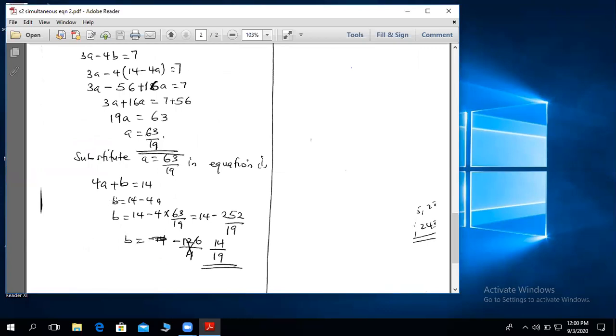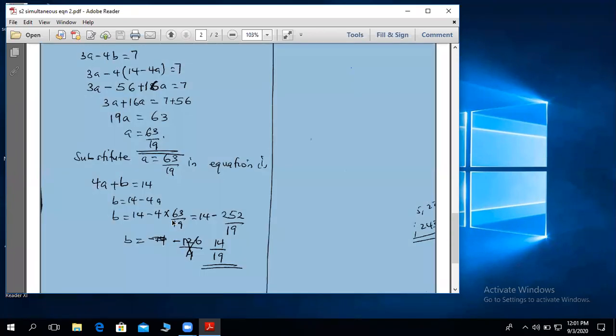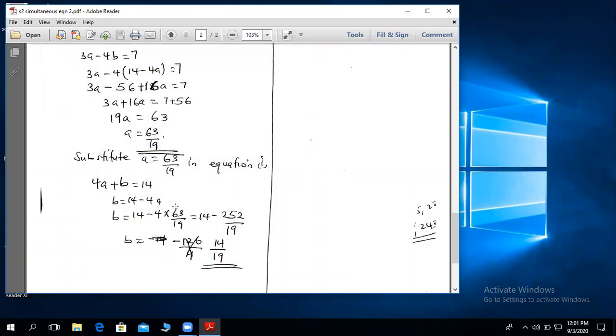So I have b equal to 14 minus 4a, and b will be equal to 14 minus 4 times a, but a is 63 out of 19, so I put it there. And you know how we deal with fractions.